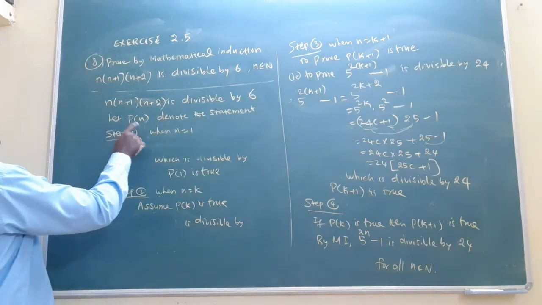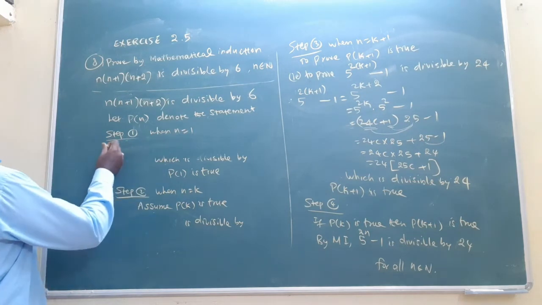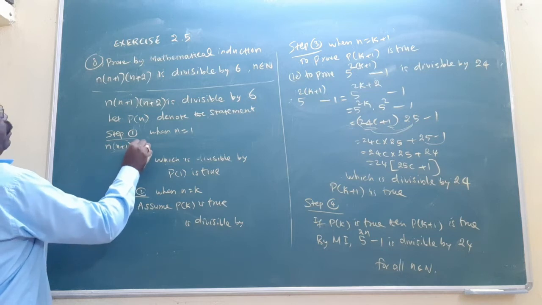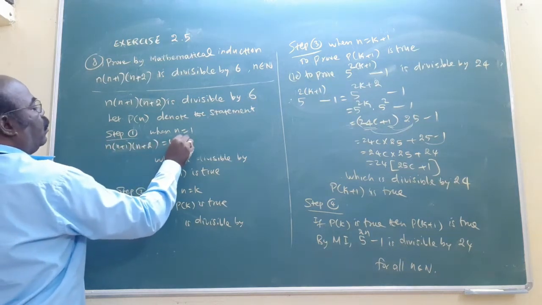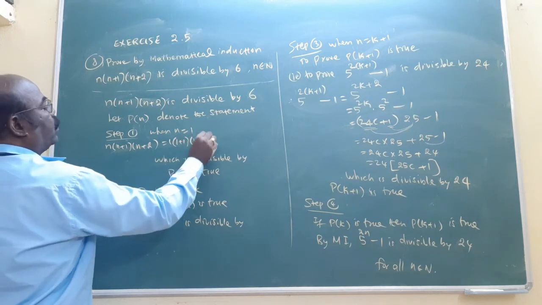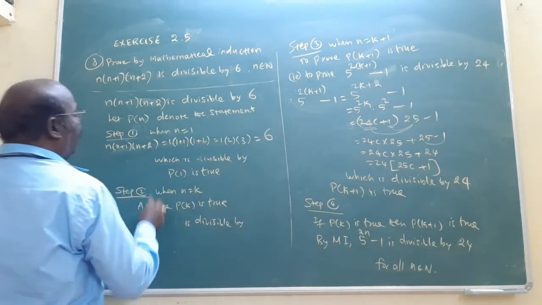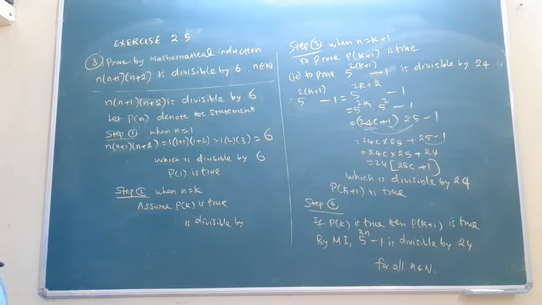Let P of n be the given statement. Replace n by 1: 1 into 1 plus 1 into 1 plus 2, that is 1 into 2 into 3, which is 6, divisible by 6. That's why P of 1 is true.